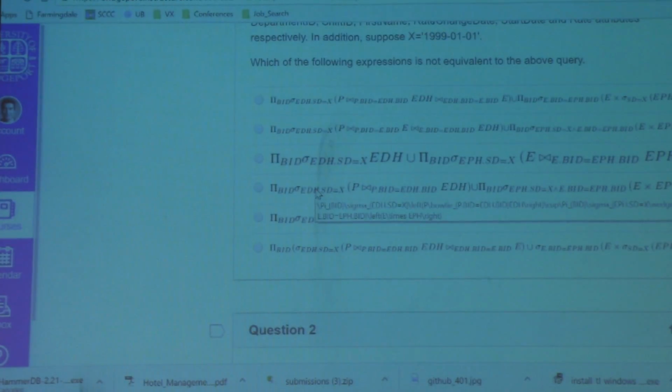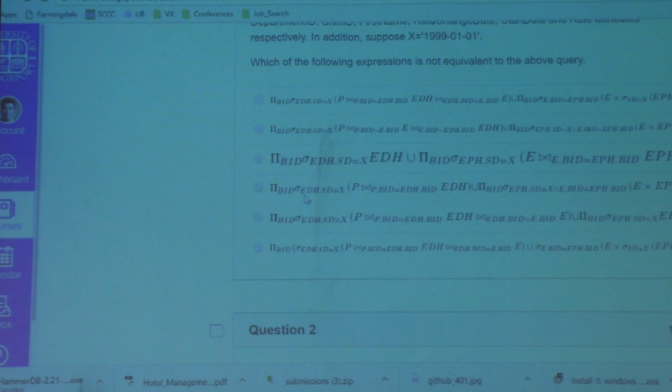Any guess? Is it difficult? Suppose that X is January 1st of 1999.